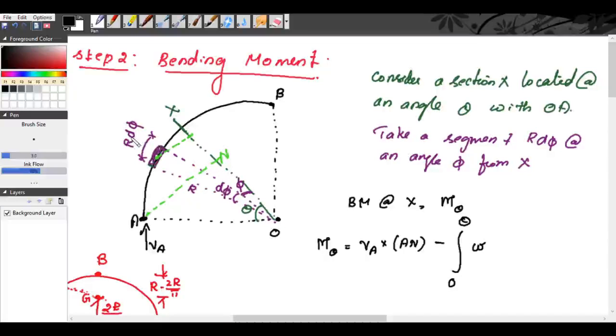Load into the perpendicular distance. We will take this point as M, and this point as P. So the perpendicular distance is PM.